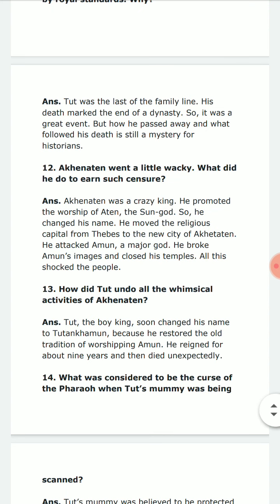So it was a great event. But how he passed away and what followed his death is still a mystery for historians. The circumstances related with his death are still covered in mystery.